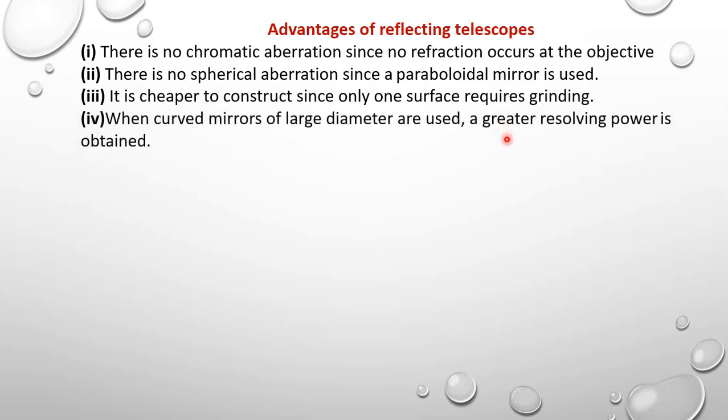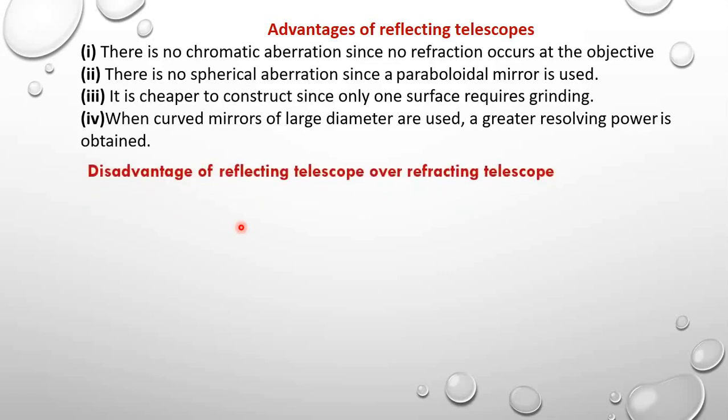When you talk of resolving power, you talk about the ability of that instrument to view images to the greatest detail, whereby you can clearly or distinctly see the parts of that image.